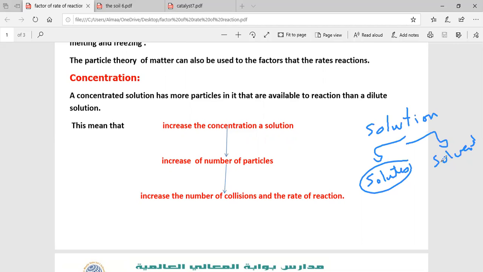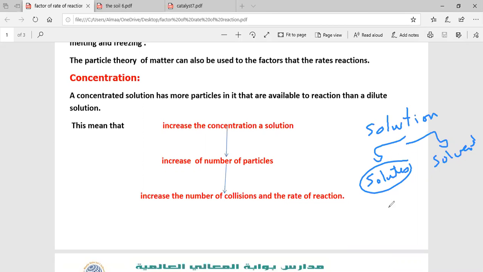For example, you make a salty solution. If the amount of salt in the water solvent increases, this solution is called concentrated. But if the amount of solute is fewer in the solvent, it is called a dilute solution.